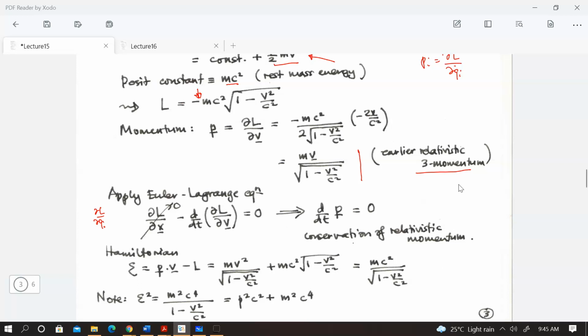So that gives you a 0, and you're left with minus d/dt of partial L partial v, which we already calculated, and that is essentially telling you that you have your relativistic momenta over here. So d/dt of relativistic momenta will be equal to 0, and that gives you essentially the conservation of relativistic momenta. Okay.